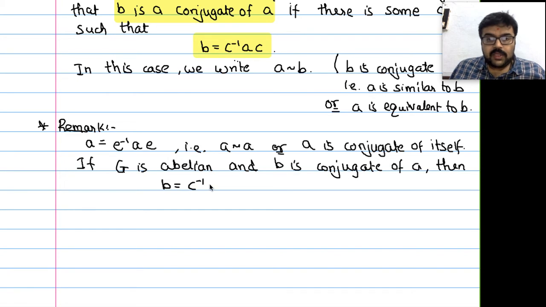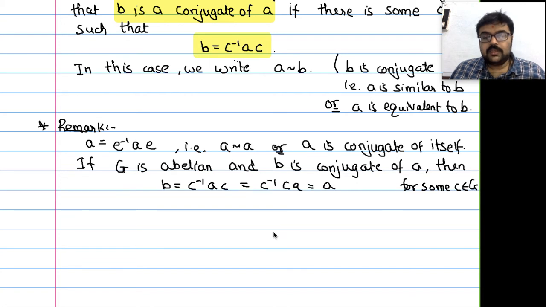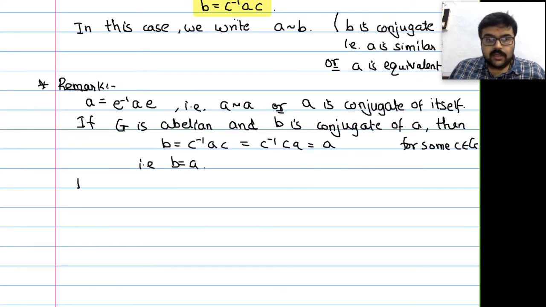B equals C inverse A C for some C in G, but this equals C inverse C A, which equals A. So B equals A. So in any abelian group, this is not interesting. In any abelian group, the only conjugate of an element is itself.